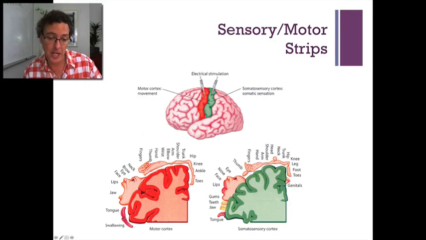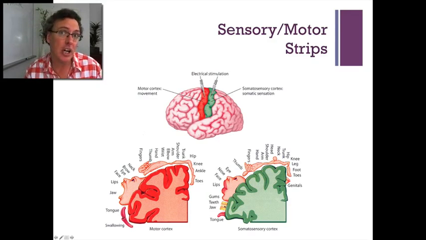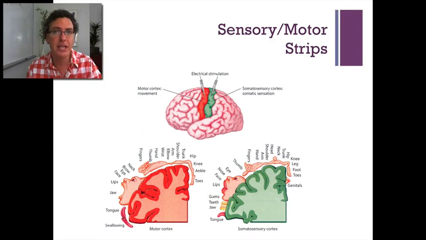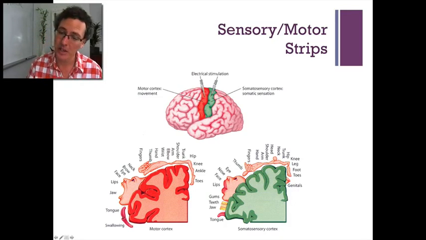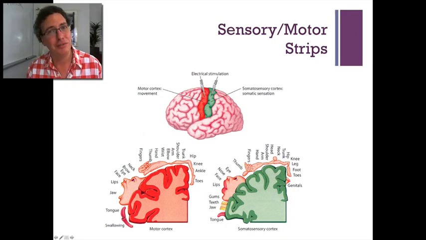And even things like the tongue and the mouth get a lot of tissue because we're using that to produce words. And yes, that's motor, it's output, but we also need to feel what's going on in there in order to shape our mouths appropriately. And so there's a lot of tissue devoted to that too. So kind of cool. And yeah, there's some tissue devoted to your genitals as well. Turns out we like sensory input from those regions.